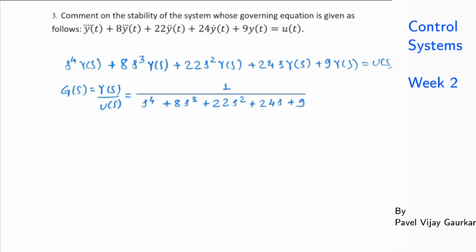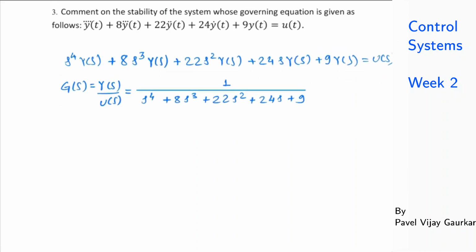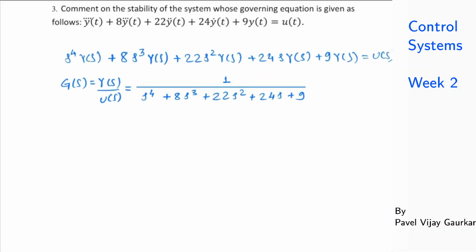So this is an intimidating looking degree 4 expression in the denominator, and we want to factorize this to check its zeros. Sorry, to check its poles. So to see the roots of this polynomial, first thing we can observe is that all the terms are positive. So let us try something.